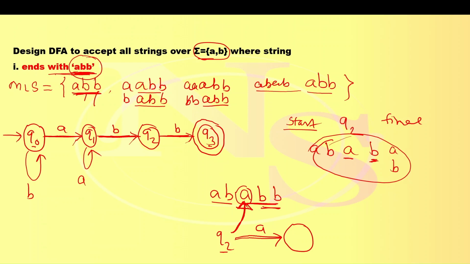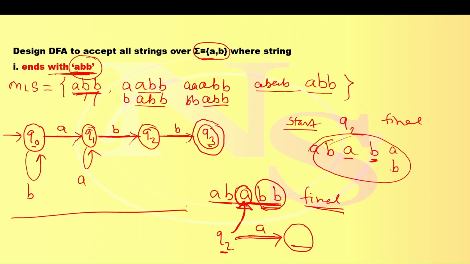The state which will read this double B and will go to final. Why? Because this string is valid, ending with ABB. It should go to the final. After reading the complete string, transition should go to the final. Hence, transition from Q2 for the symbol A should go to some other state. From that state, there should be a path for double B to reach to final.